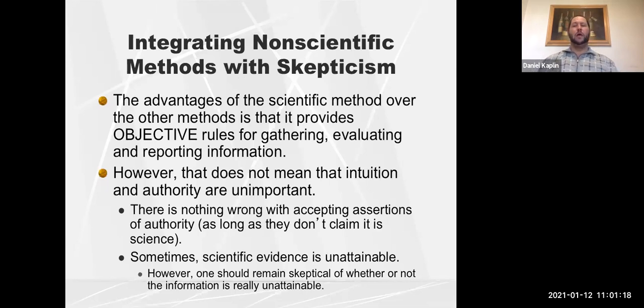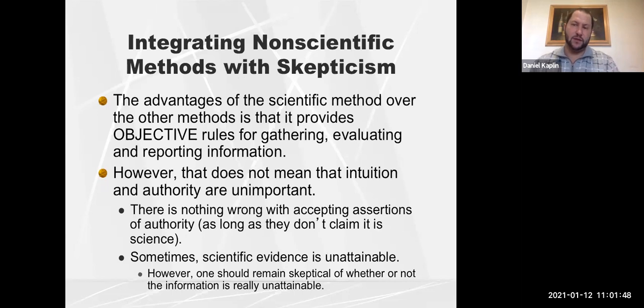Now, so far I've emphasized scientific methods, be a scientist, be skeptical. And it's clear that the advantage of the scientific method over the other methods is that it's objective, it's unemotional in the way it collects data, evaluates data, and reports data. However, that doesn't mean the other things we talked about are bad.